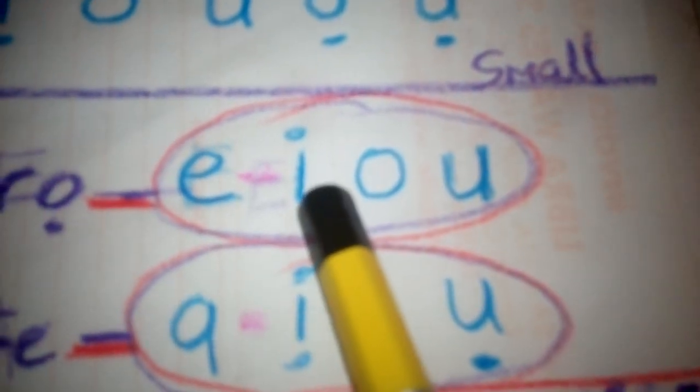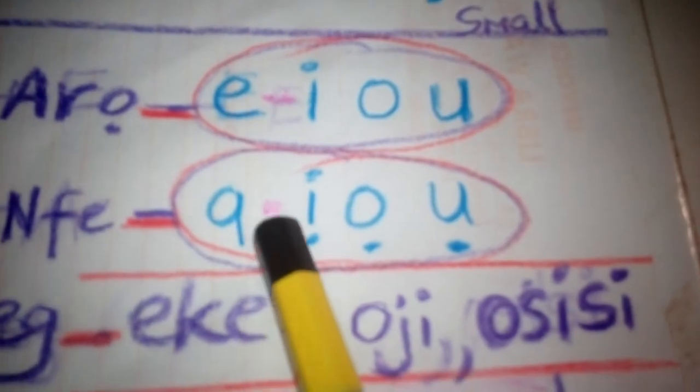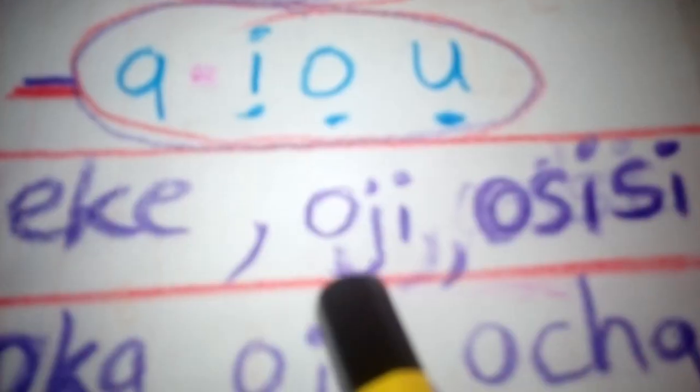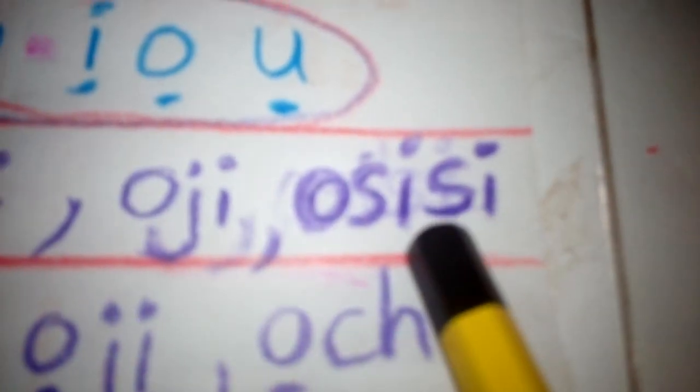E, this is a vowel, from this group. It didn't mix up with this. G is a consonant. You see this is having 5 letters, so I use it to give you an example about this consonant. Consonant goes in between.